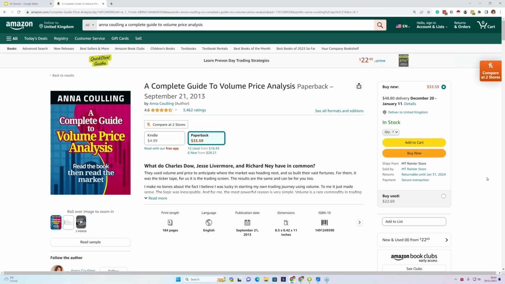It's up on Amazon, and we're very proud to say that it's been translated into about 10 different languages. Our latest ones will be in Spanish and also in Korean. We're really proud that so many traders and investors have taken the concepts that were laid out back in 2013.